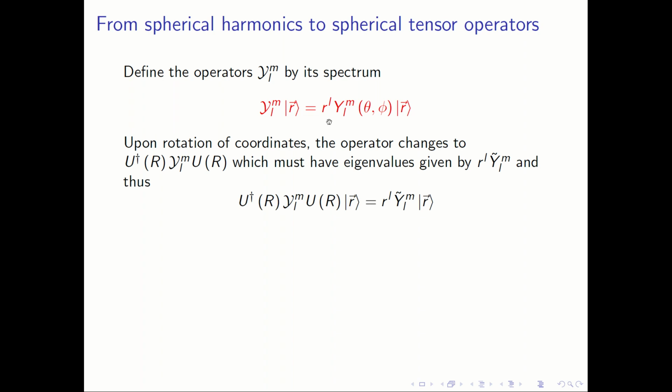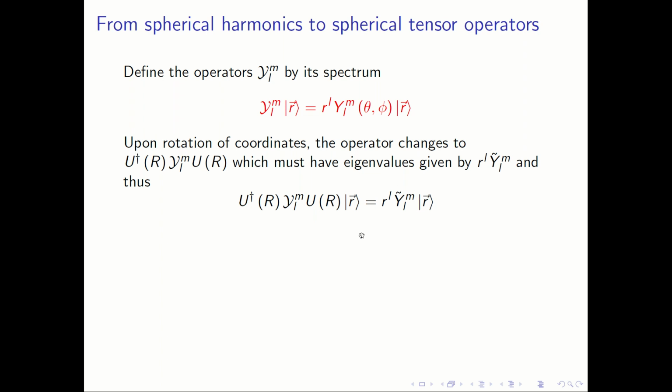And this essentially means that you are going to end up with a relationship like this. The same case, remember, when you are talking of passive rotations, you can either say kets change, operators don't, or you can say operators change, kets don't. So, here the ket r has not changed, the operator has changed to U_R dagger curly Y_lm U_R, and as a result the eigenvalues have changed.